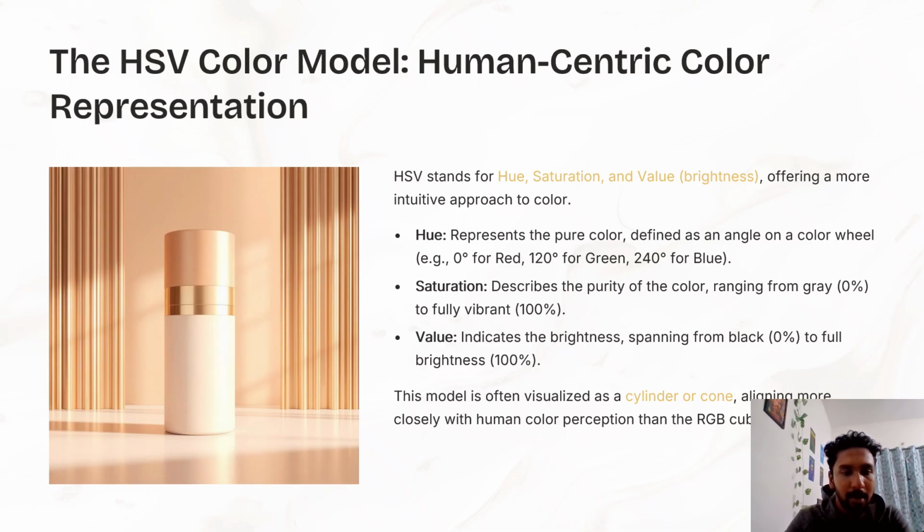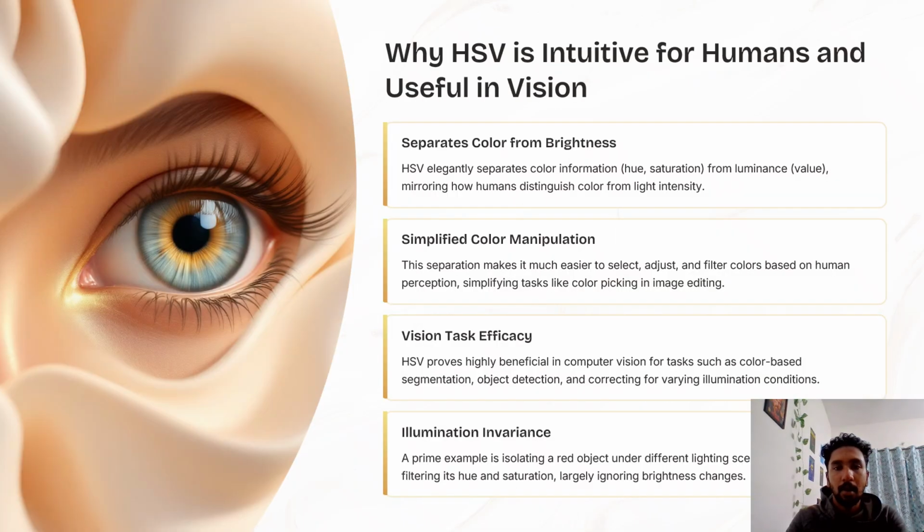This model is often used because it matches human thinking. When we describe color, we usually talk about hue and brightness separately. Why is HSV intuitive for humans and useful in vision?